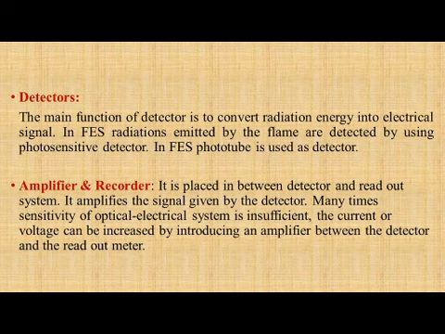The current or voltage can be increased by introducing an amplifier between the detector and the readout system. You will get an amplified signal, and recording of the amplified signal is very simple and convenient. The recorder can easily record that signal in digital form or in graphical form, and you will get the final result.